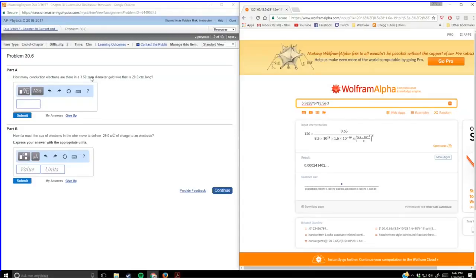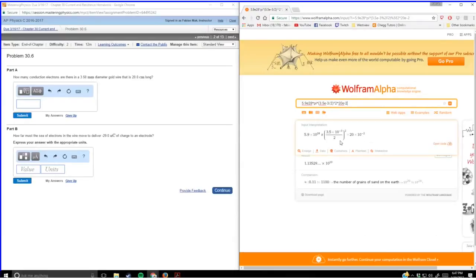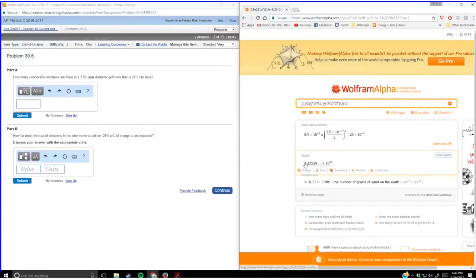I just use the scientific notation to convert for me. That's the diameter, so I have to divide by 2, and then times this length. And so I get about that many electrons.